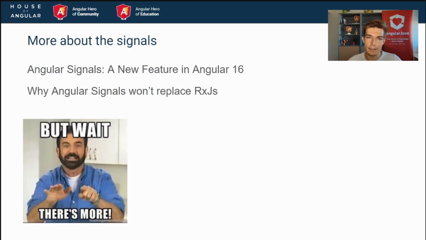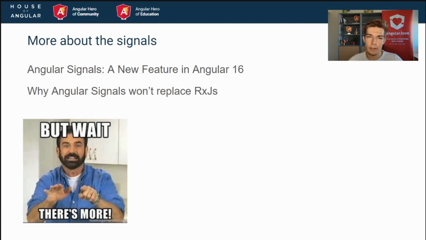Unfortunately, this presentation comes to an end. In my opinion, it's very hard to cover such a comprehensive topic as signals in just around 20 to 30 minutes. This one is pretty complex and has many mysteries. For example, the untracked function and how this stuff works under the hood. We've explained some of it in our first article, Angular Signals, a new feature in Angular 16.